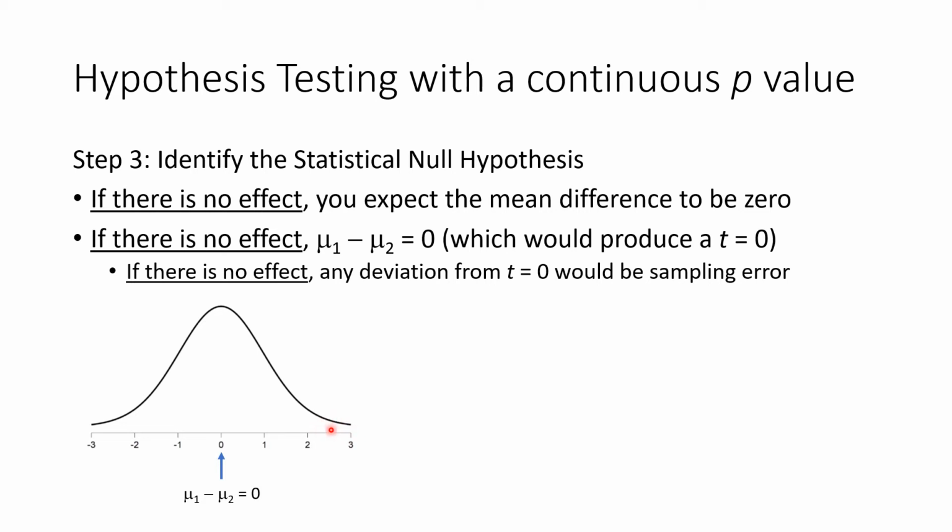It's possible for that to happen if the null hypothesis is true. It will just have a very small p-value. It is not highly likely, it's not probable to happen if the null hypothesis is true. And if you get something out here, you conclude, oh, it's not likely to happen if the null is true, so you conclude that the null probably is not true.